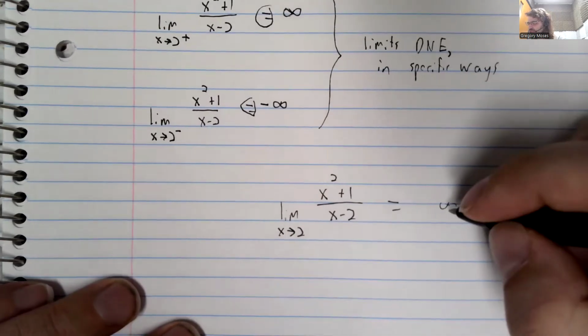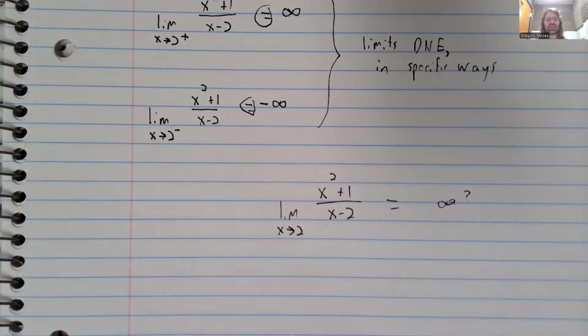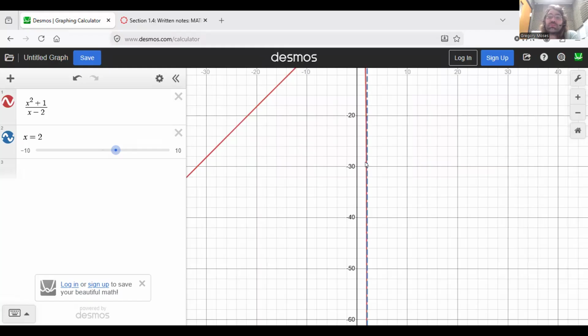Well, I can't say it approaches positive infinity because as we approach 2 from the left, it doesn't. It goes to negative infinity.